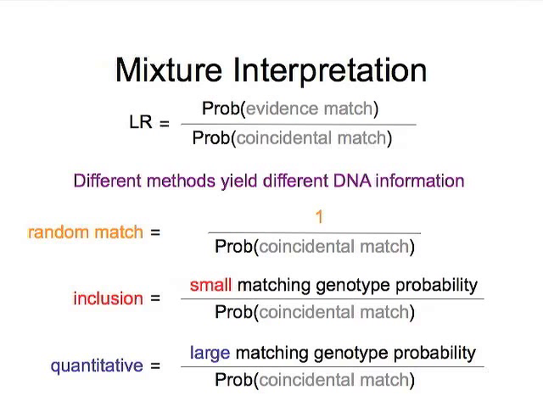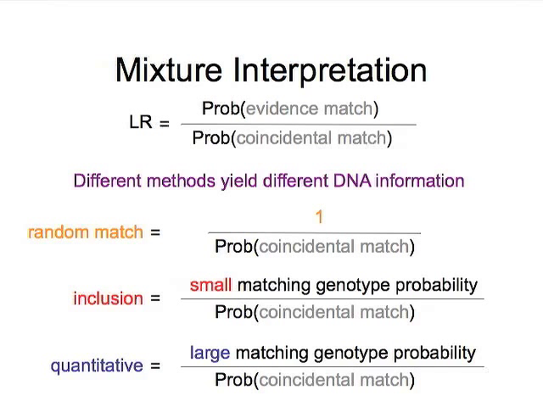What's the chance of seeing a match in the population? Inclusion, though, as we'll see in a minute, diffuses that probability over many possibilities, so you get a small matching genotype probability over the coincidental match. Quantitative methods can preserve more and give a larger matching genotype probability over a coincidental match.